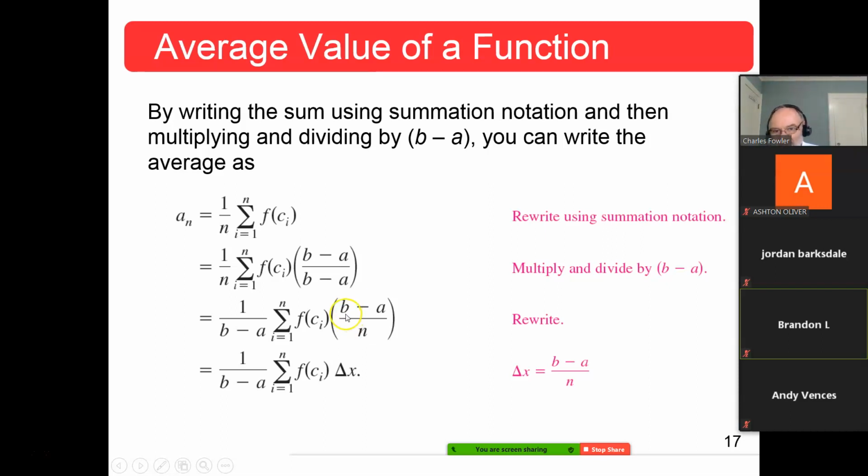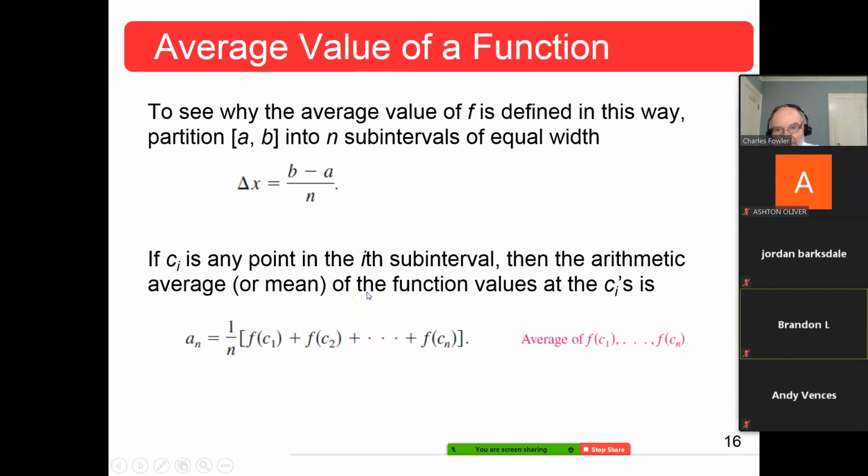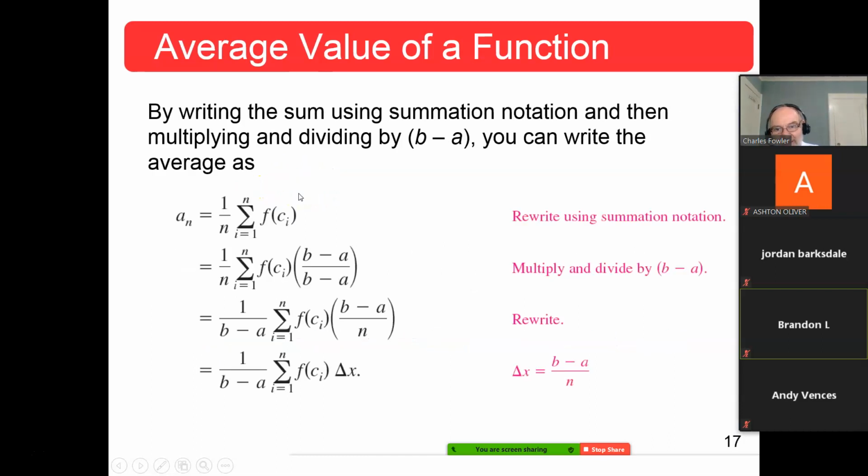Well, now what is this? That's your delta x sub i. Go back a page, there's your delta x sub i, b minus a over n. That's why they brought it in. So this is 1 over b minus a times the summation i equals 1 to n of f of c sub i times delta x. You could call it delta x sub i or not, it doesn't matter. That is your delta x right here.